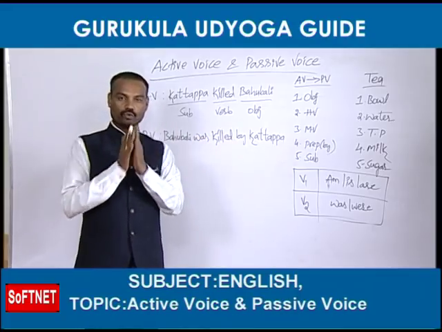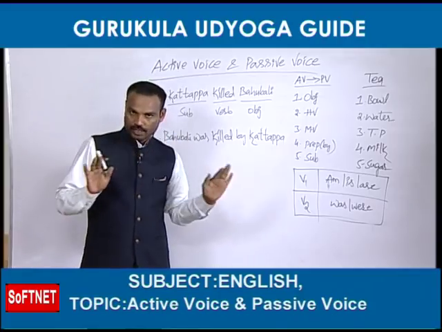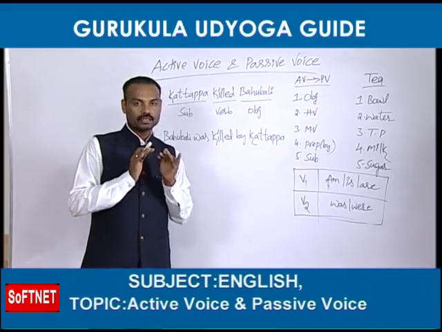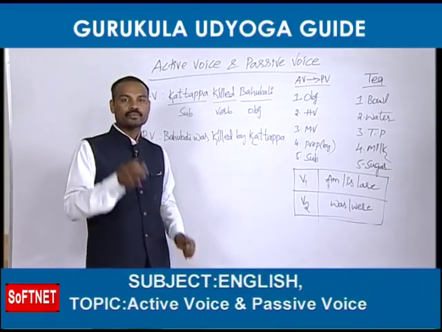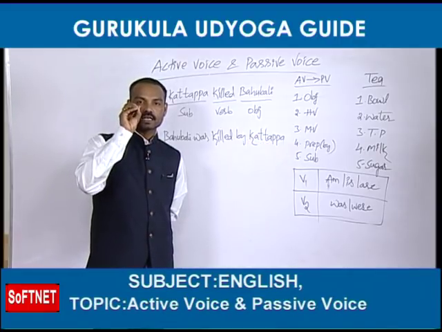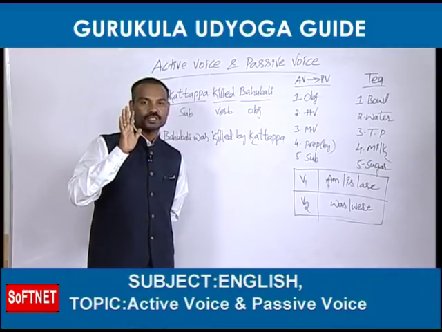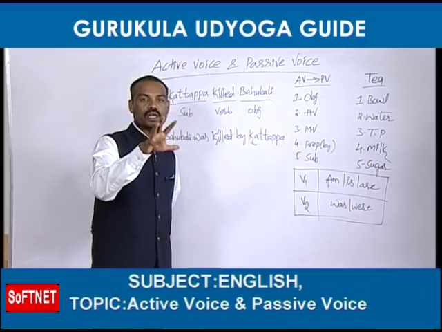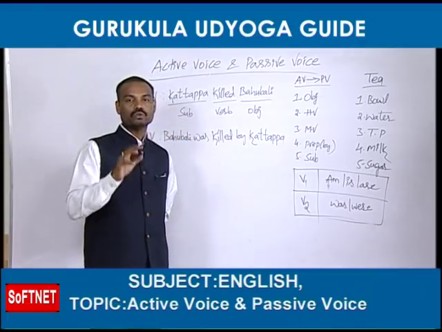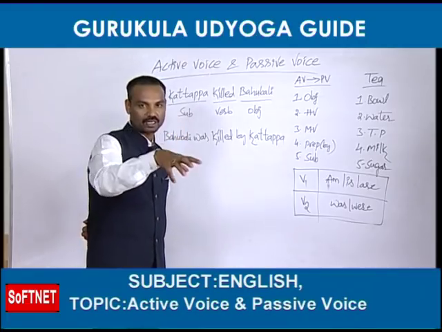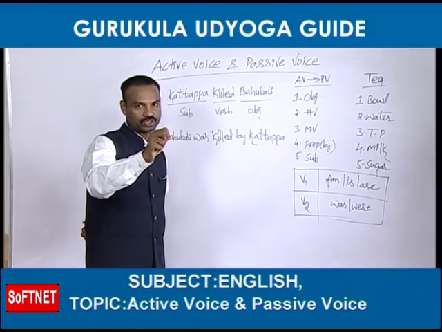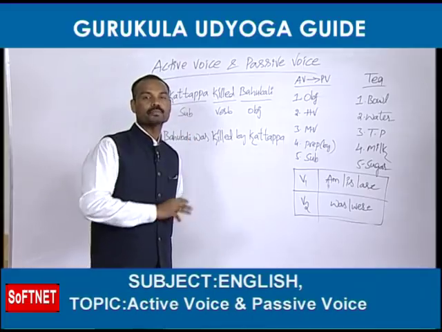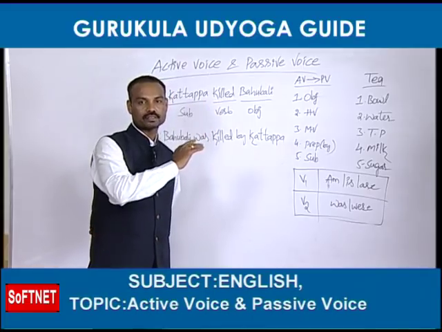So, friends, once again, today's topic is active voice and passive voice. The definition of active voice is: the sentence which starts with the subject is called active voice. Subject means doer of the action, a person who does that work. Next, passive voice: the sentence which starts with the object is called passive voice.